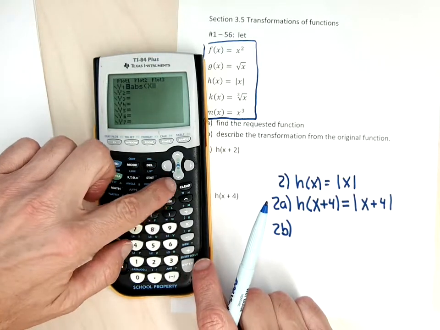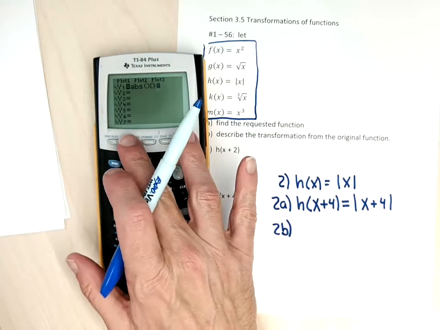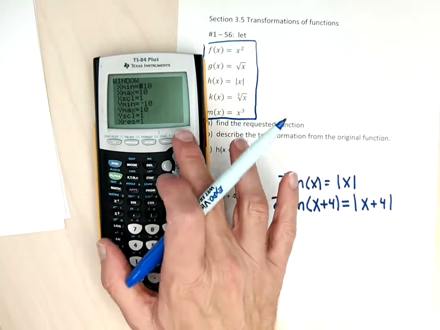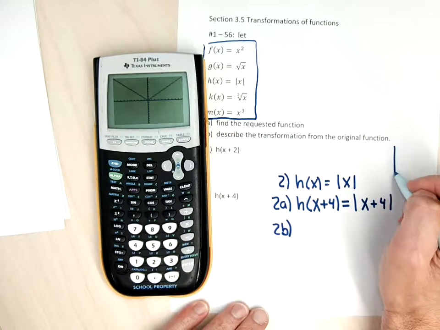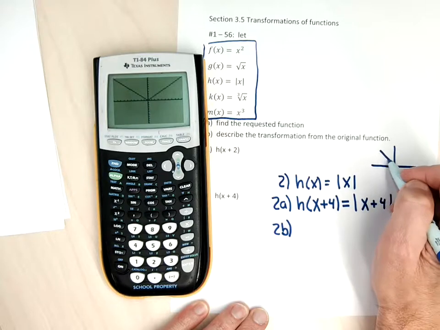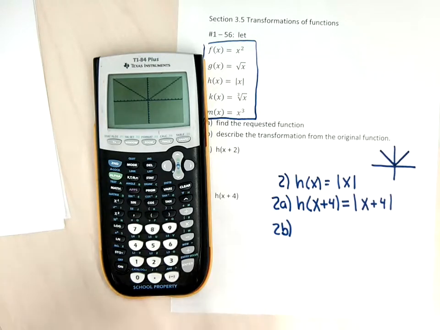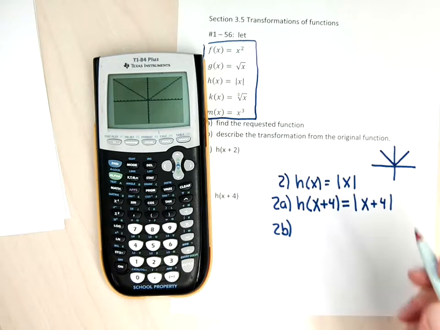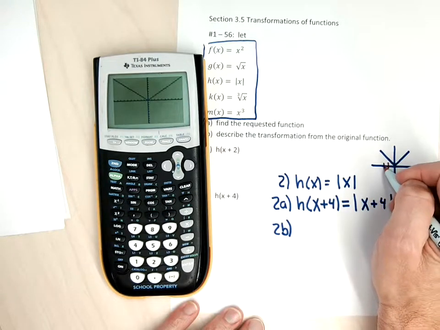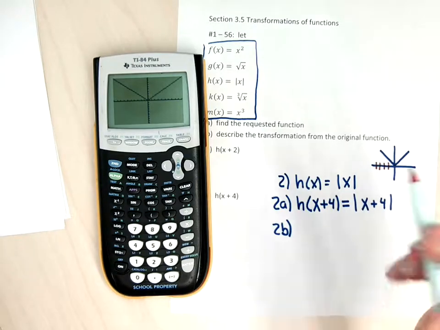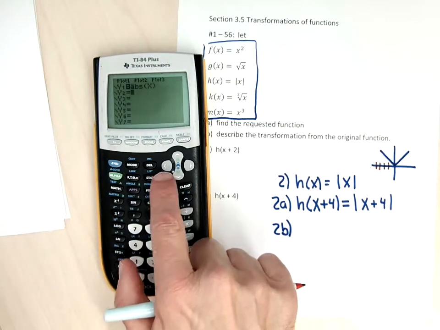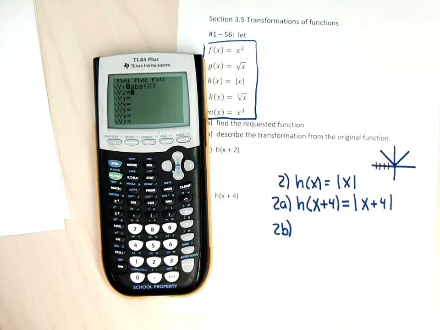So the absolute value of x, if I just graph that function with a nice standard -10 to 10 window, it's just a generic v. In a minute, I'm going to graph the function, the absolute value of x plus 4, in my y2. And I have to describe how that graph relates to the graph of the function with just an x as opposed to an x plus 4.